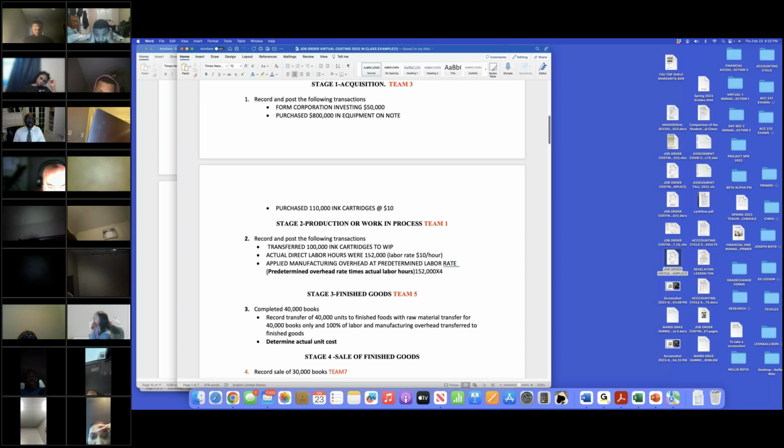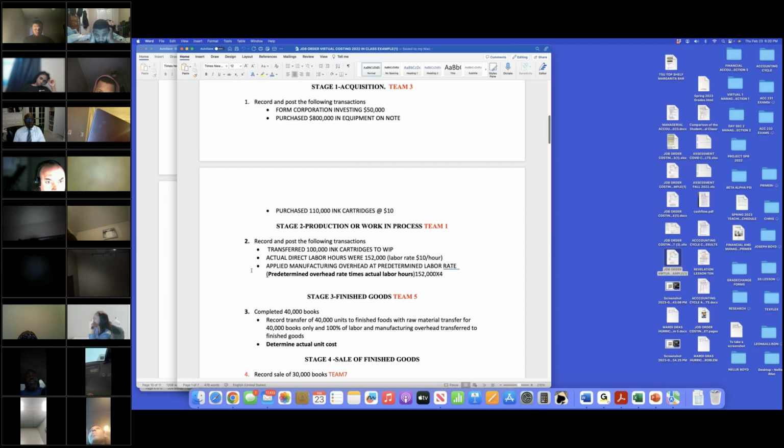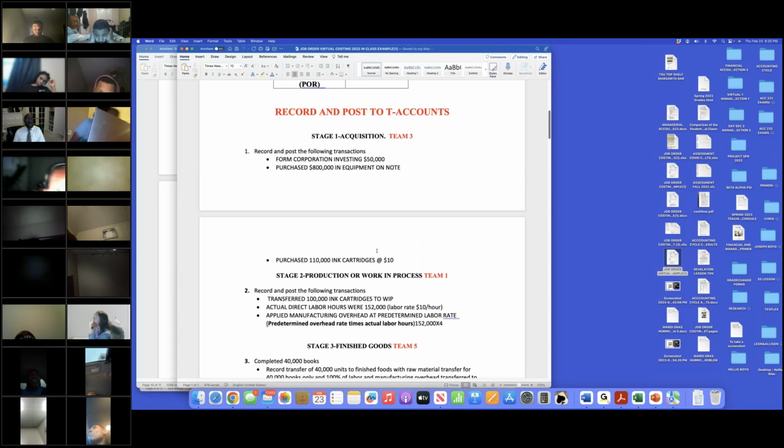And then here is where we utilize our POR. Once we calculate this POR, when we get ready to make the journal entry to apply overhead, we're going to multiply that number times 152,000. So whatever number we have here, I told you we're going to use it at some point.